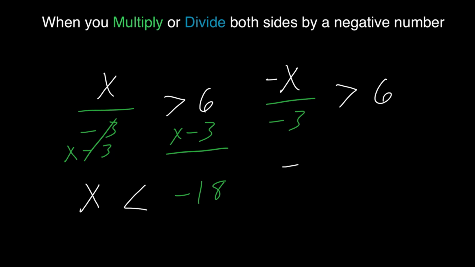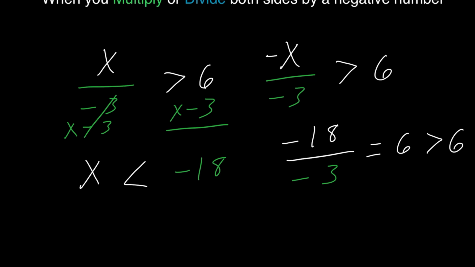Is negative 18 divided by negative 3 going to be greater than 6? Well, what is negative 18 divided by negative 3? That equals 6. So 6 is not greater than 6. 6 equals 6, right? So let's try a more negative number.